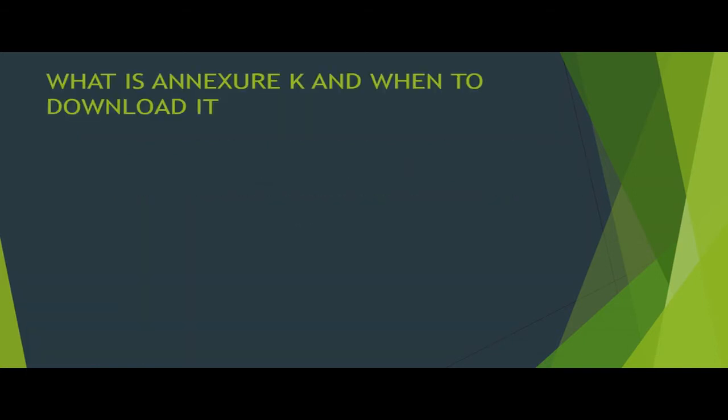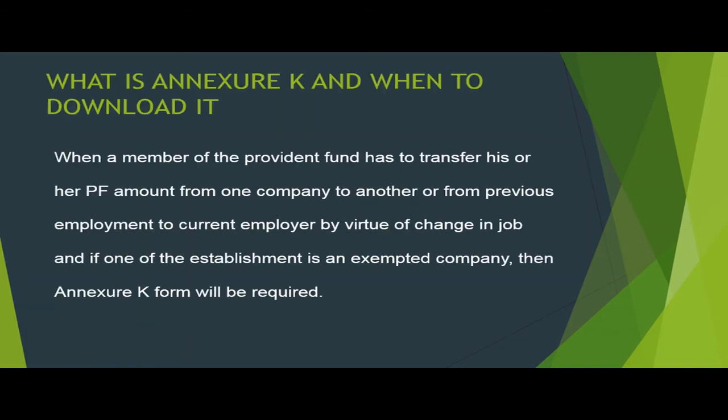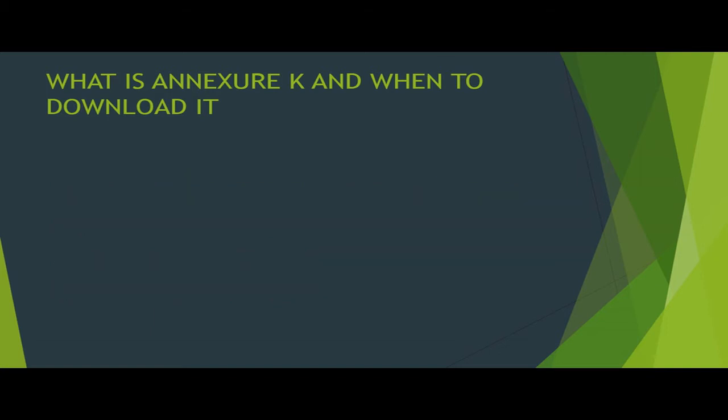Now, when can you download this? As we know, this Annexure K is applicable only when the transfer happens from an exempted establishment to the unexempted establishment. A member can view and download this document from his UAN portal by virtue of change in job.